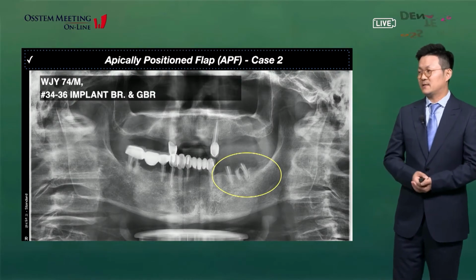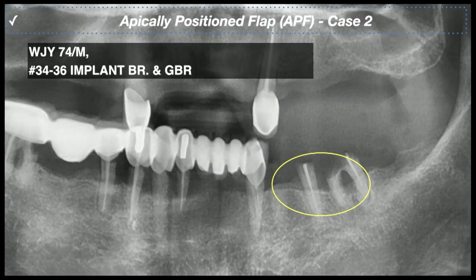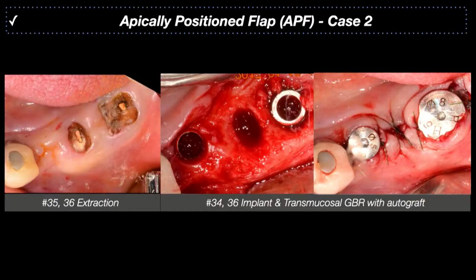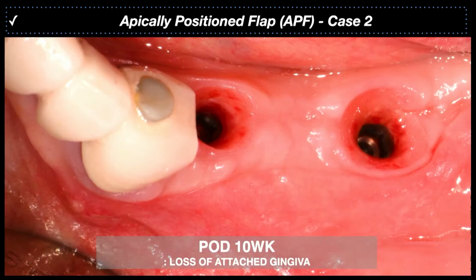In this case, I found 2 root rests, so I extracted them and placed 2 implants with GBR. So like this. And after 10 weeks, the healing was fine, but as you see, loss of attached gingiva on the buccal side was found.